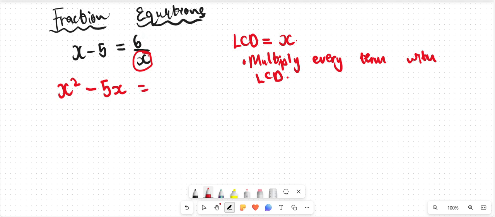And x times the fraction would just give me the 6. Then now the fraction is gone. That's what should always happen when you multiply with your LCD. Then now I can write it in standard form. So that's step number 3. Write it in standard form.